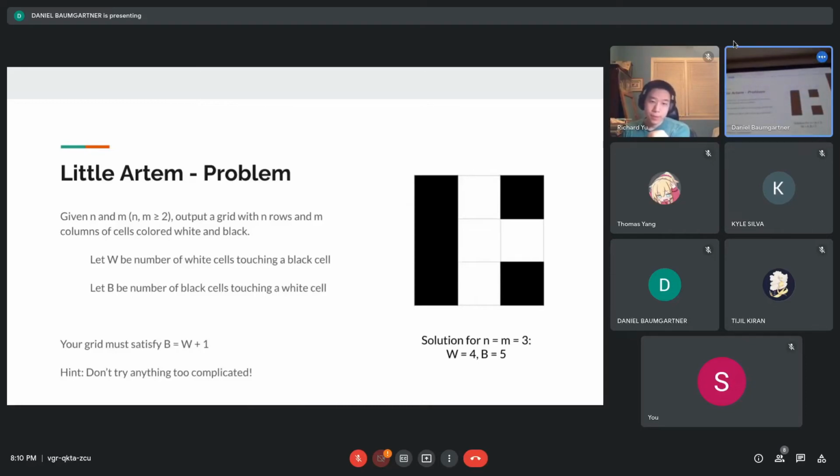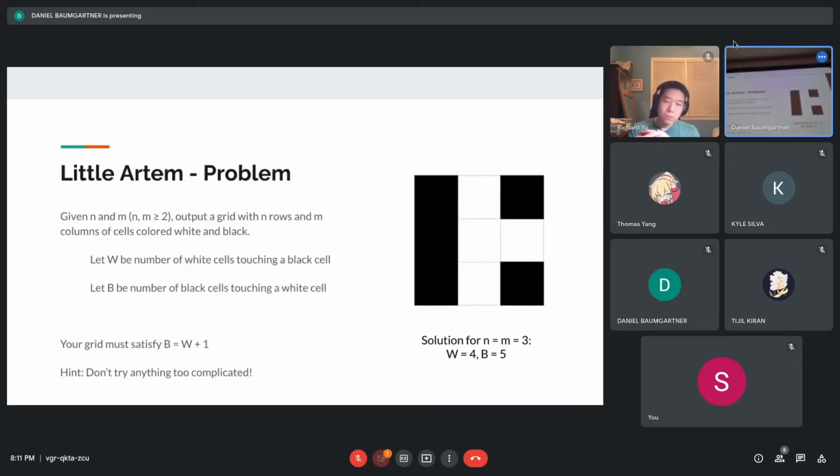The condition is, if we count the number of white cells that are bordering a black cell and designate that as W, then count the number of black cells touching a white cell and designate that as B, we want our final grid to have one more of these black cells. So B has to be one bigger than W. I'll let people try it on paper, try a couple of things, see what works.